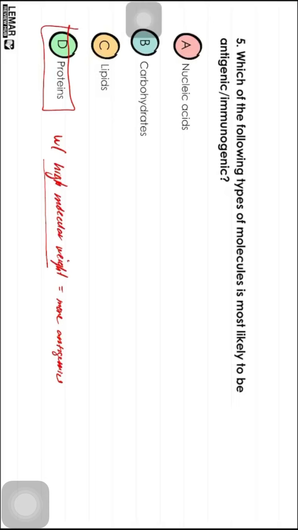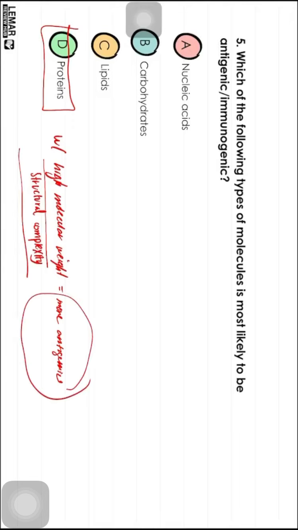Given that proteins have high molecular weight, they also show structural complexity. So proteins are excellent antigens. They are more antigenic compared to the other 3 listed.